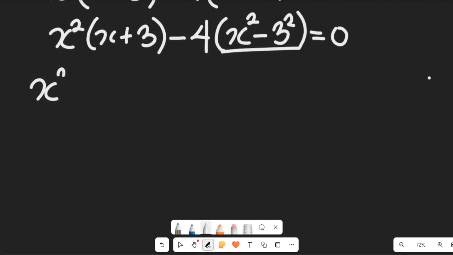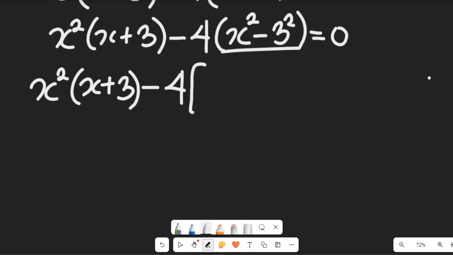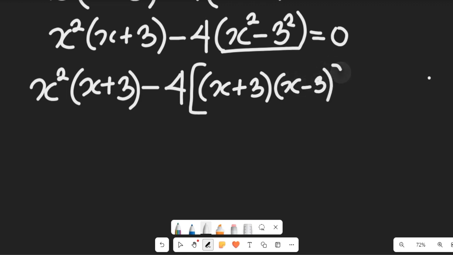I'll have my x squared multiplying x plus 3, and then I'll have my negative 4 multiplying, expanding that, remembering the algebraic formula, I can have a difference of 2 squares, and then I'll have x plus 3 multiplying x minus 3, and all these will be equal to 0.